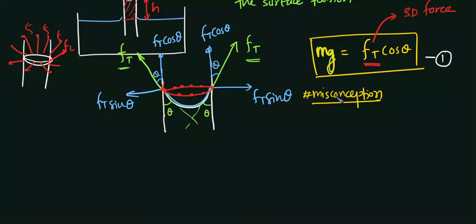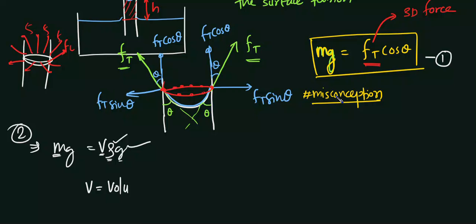This is equation number 1. Now what is this mg? Let's talk about this mg. This can be written as V rho g. This m can be written as volume into density into g. We know the density of water, we know the acceleration due to gravity. What we don't know is the volume.